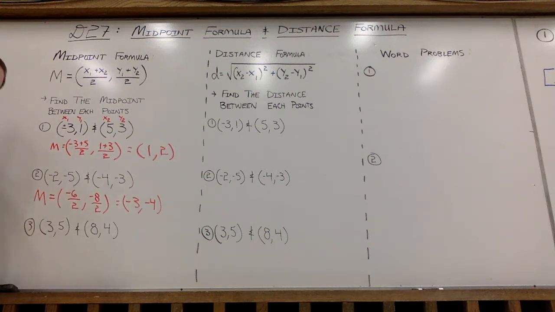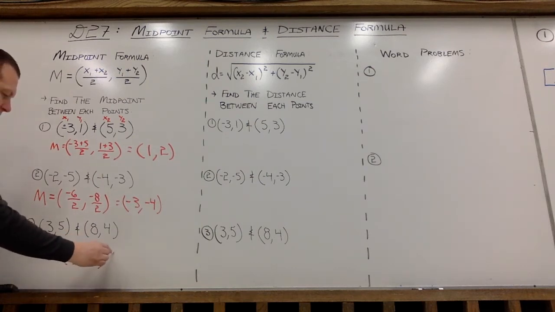Finally, with example 3, we are going to have some decimal ordered pairs, and that is totally okay. Same process. I'm going to add my x's, 3 plus 8, and get 11. We'll divide that by 2 in just a second. Then I'll have 5 plus 4, which is 9 divided by 2.